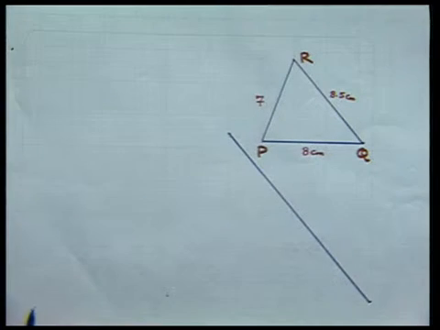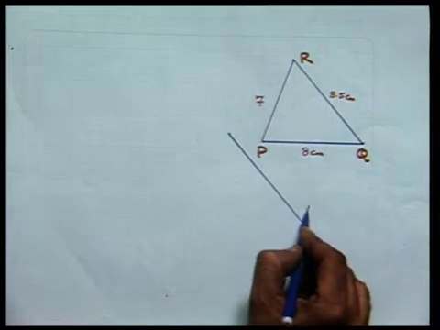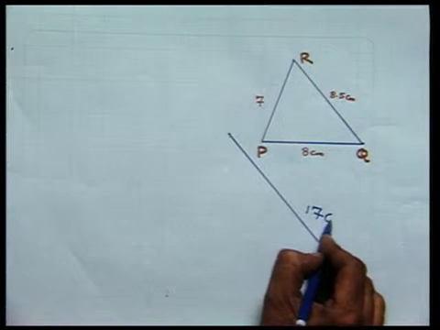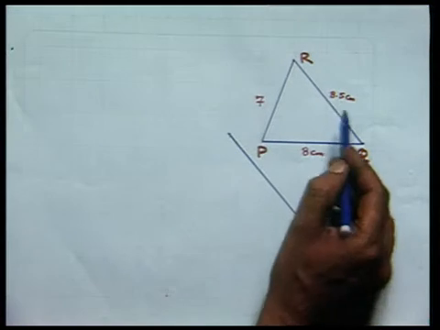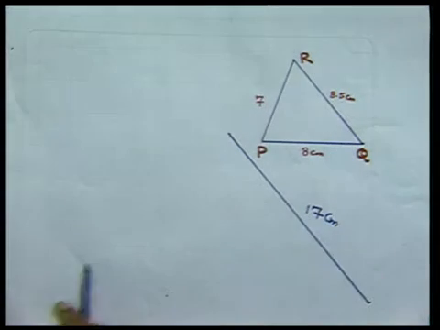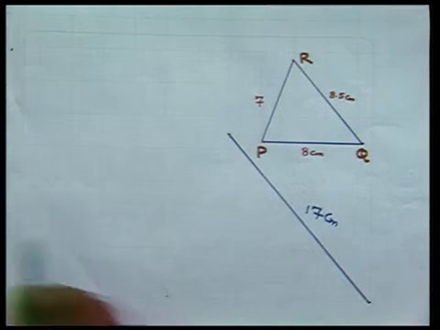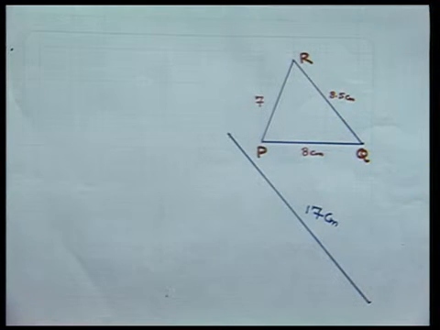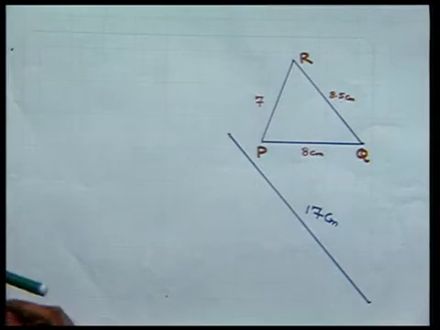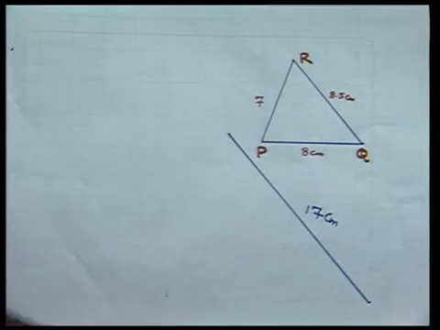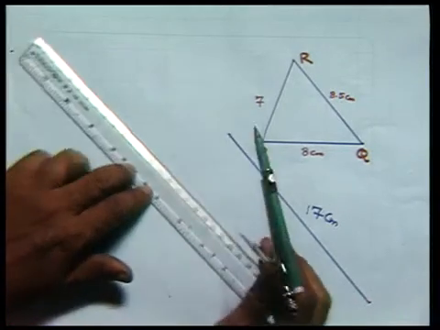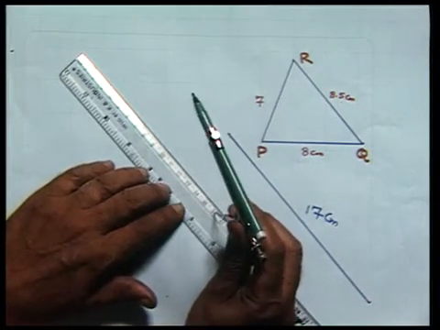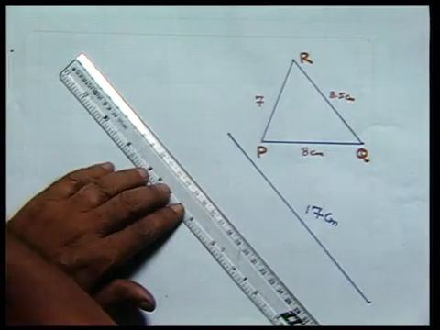So, here is a line which I have drawn 17 centimeters long, and you can see that 17 is double of 8.5. Now, I want to take the other side as 16. For this I will be using the compass. Now, here, this is not 16.